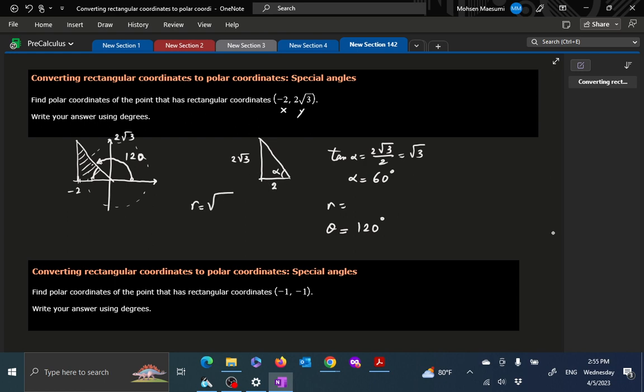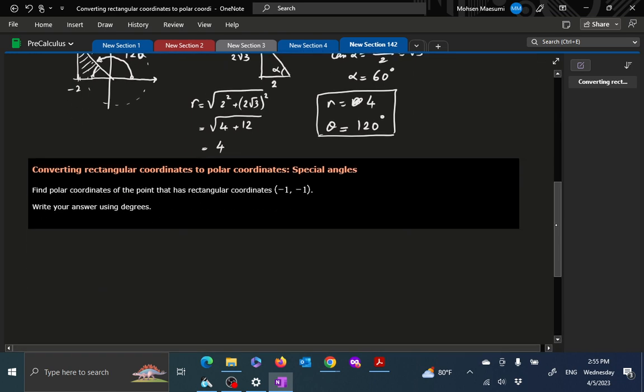R is the square root of x squared plus y squared. So that is 4 plus 4 times 3 is 12, and that's 16, and that is 4. So R is 4. Based on the previous lecture, there are many other representations of the same point as well. But it's just asking us for one, and let's just be happy with that one.